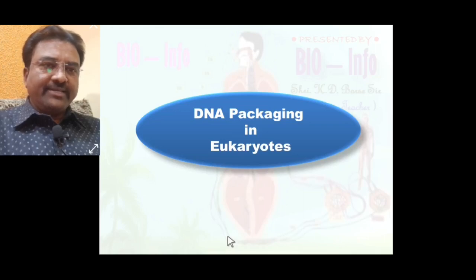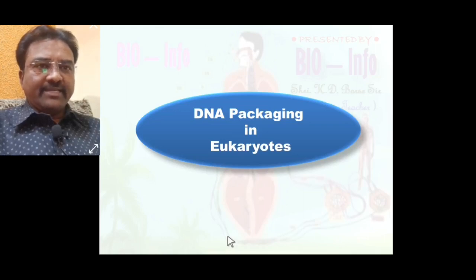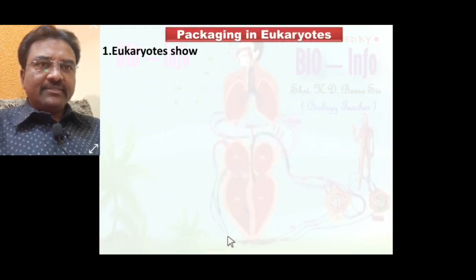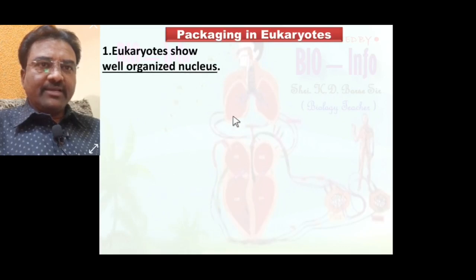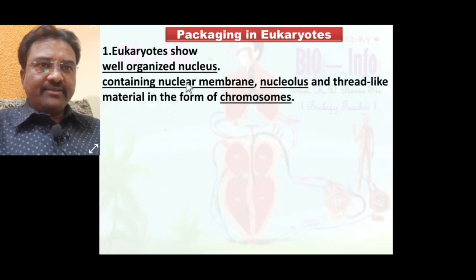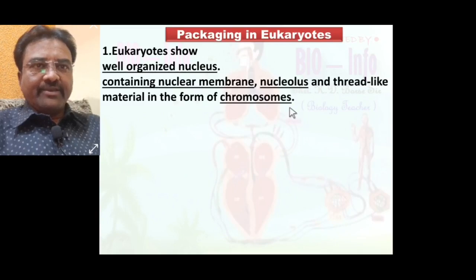Now we discuss in detail DNA packaging in eukaryotes. You know that eukaryotic cells show a well organized nucleus containing nuclear membrane, nucleolus and thread-like material in the form of chromosomes. This is the difference between eukaryote and prokaryote.